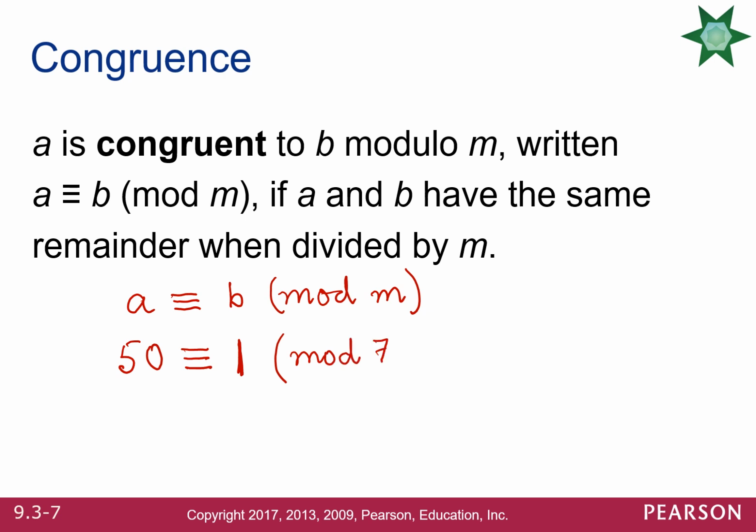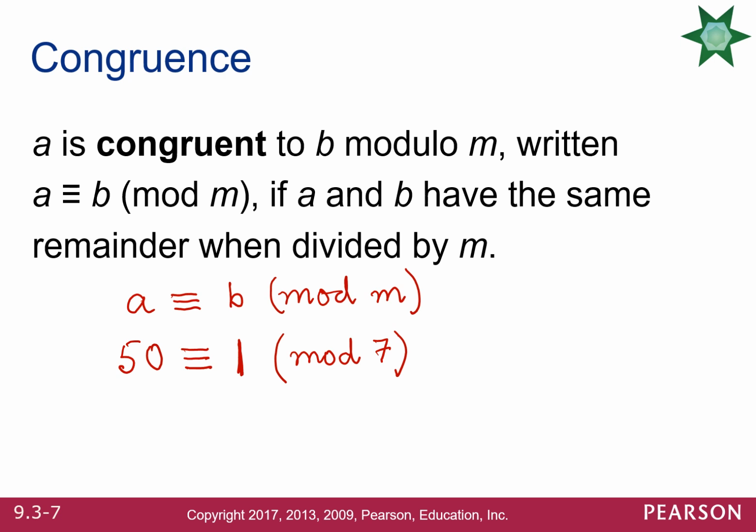All right, so I'm going to test this out to make sure if this is congruent or not. So 50 has to be divided by 7, and then we are going to check its remainder, and then 1 will be divided by 7 and we will check the remainder for that.